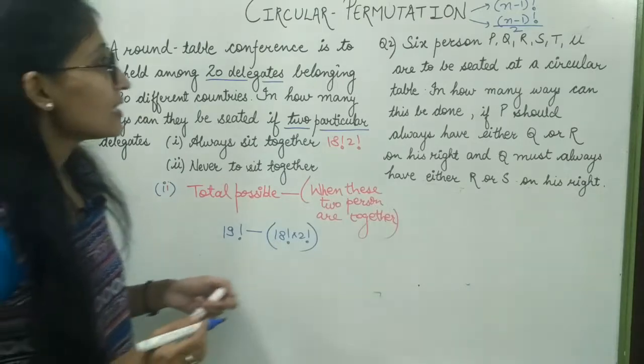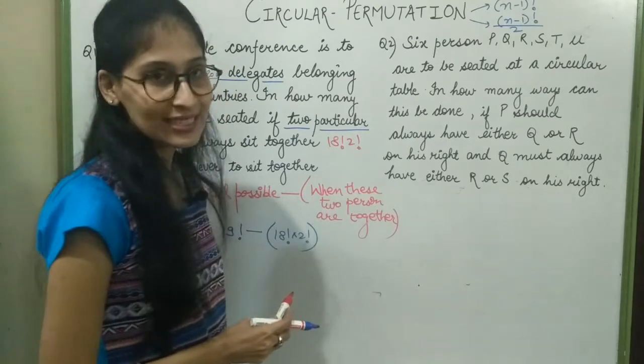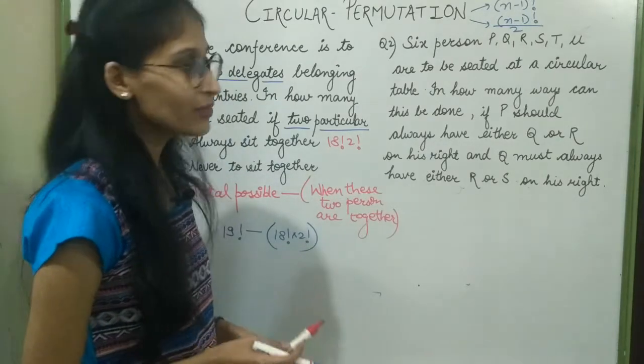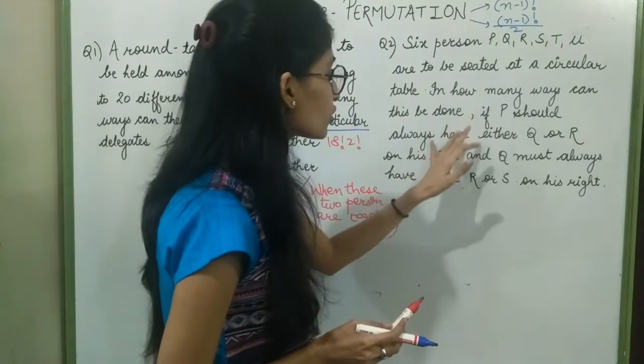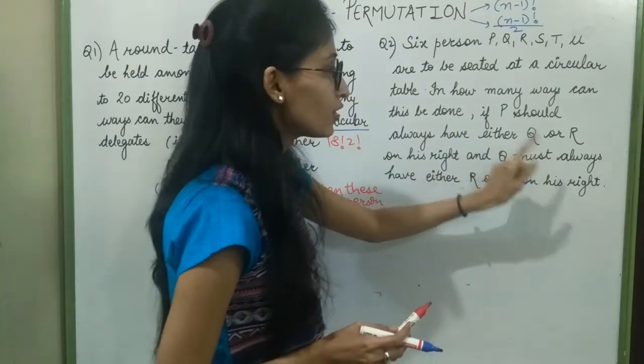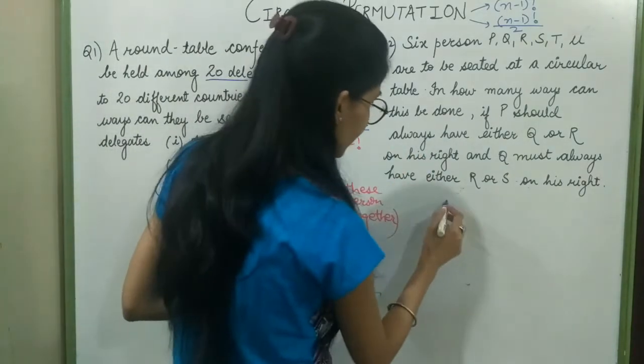Next question is, 6 persons P, Q, R, S, T, U are to be seated at a circular table. In how many ways can this be done if P should always have either Q or R on his right? So make two cases here.